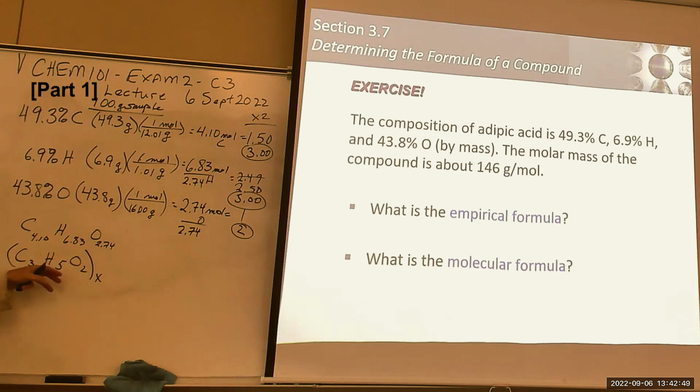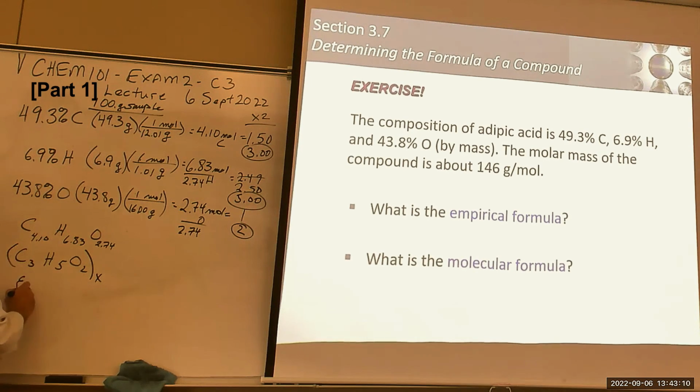But if it's 2, it'll be something else. What does this represent right here? What value is that in molar mass? I call this empirical mass because we don't know that that's the molar composition yet.